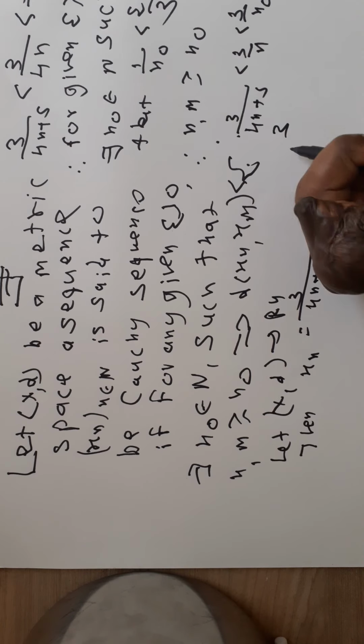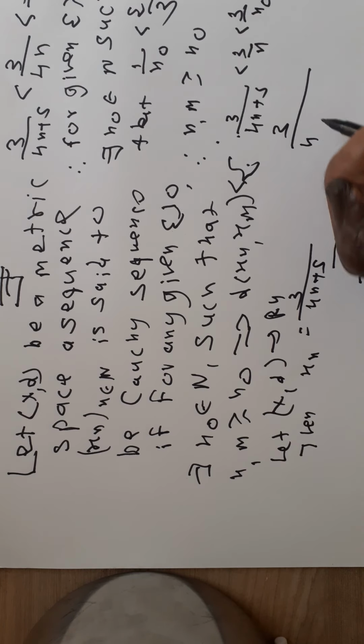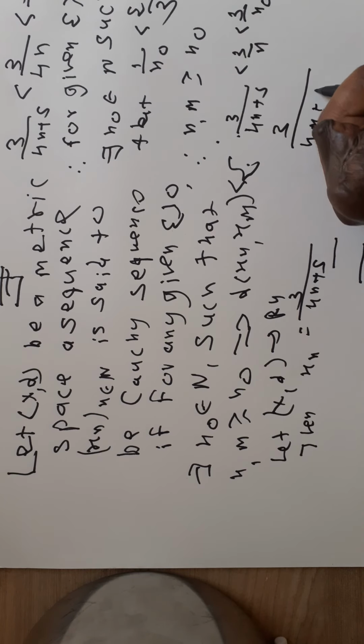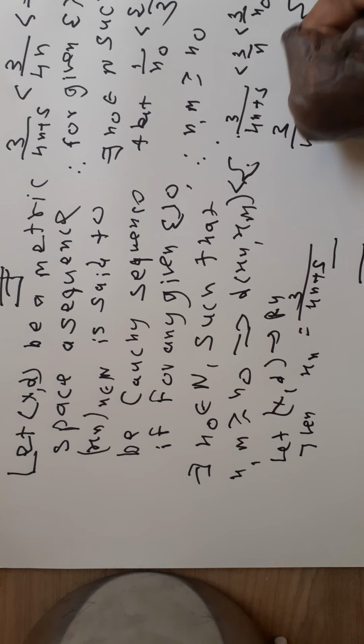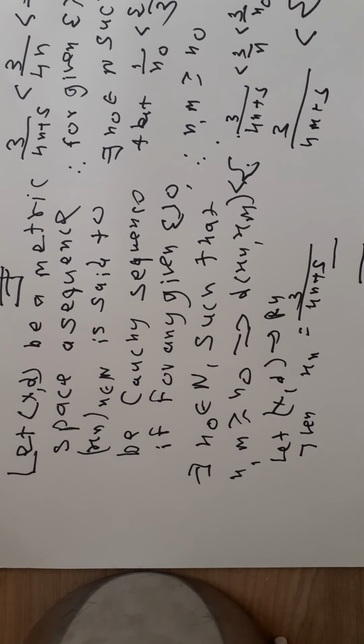And 3 upon 4m plus pi is also less than epsilon. Therefore 3 upon 4n plus pi is less than epsilon and 3 upon 4m plus pi is less than epsilon.